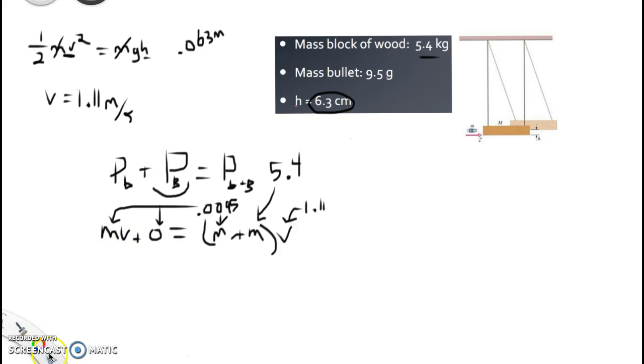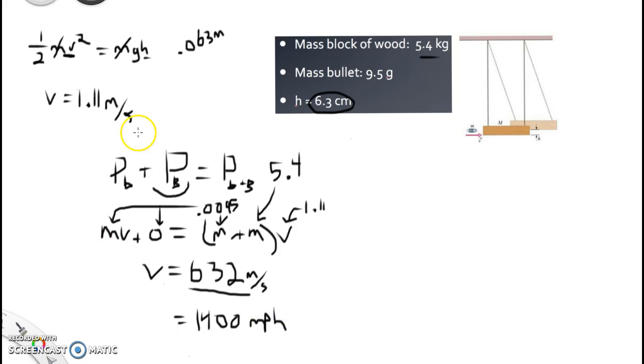Find the velocity of the bullet before the collision. We find that the bullet has a velocity of about 632 meters per second. That's really, really fast. I think that's almost 1,400 miles per hour, which I don't know if bullets actually go that fast, but anyway, we've now used a combination of energy and momentum to find the speed of a bullet.